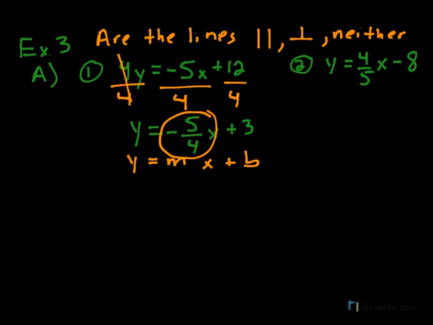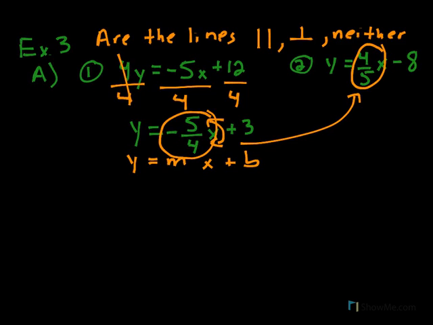The slope of line 2, can you see it by looking at it? Yes, this is already in the form y equals mx plus b, so it's 4 over 5. Are they the same number? No. Are they the opposite reciprocal? Hey, they are. One is positive and the other one is negative, so they're opposite. One is 5 over 4, and if you flip them, you get 4 over 5.